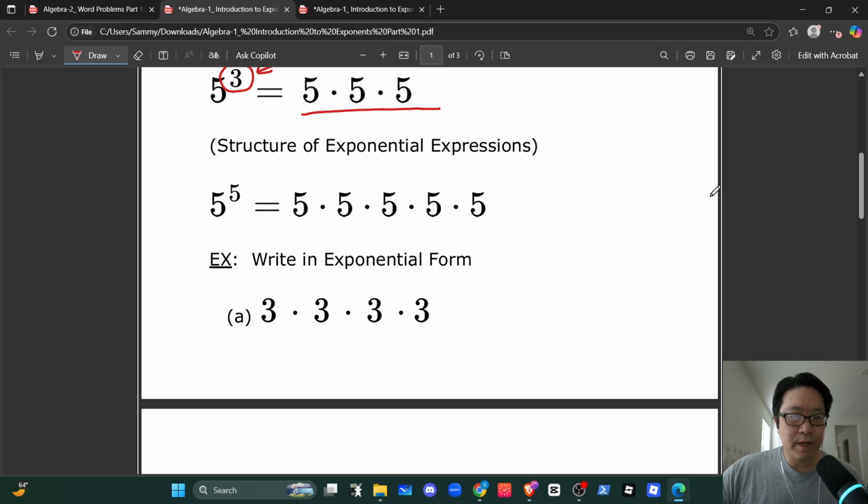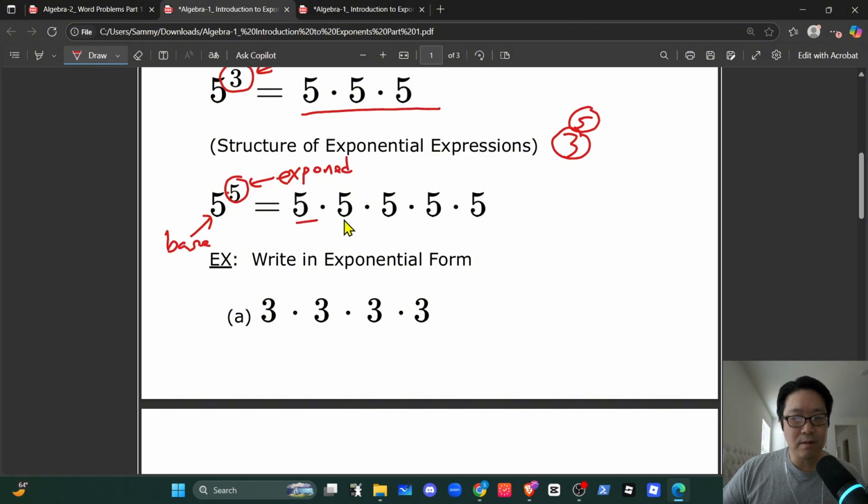The other thing you need to know is the structure of exponential expressions. In algebra, we call the number that you raise something to the base. The smaller number is called the exponent. So given an expression like 3 to the power of 5, the base is 3 and the exponent is 5.